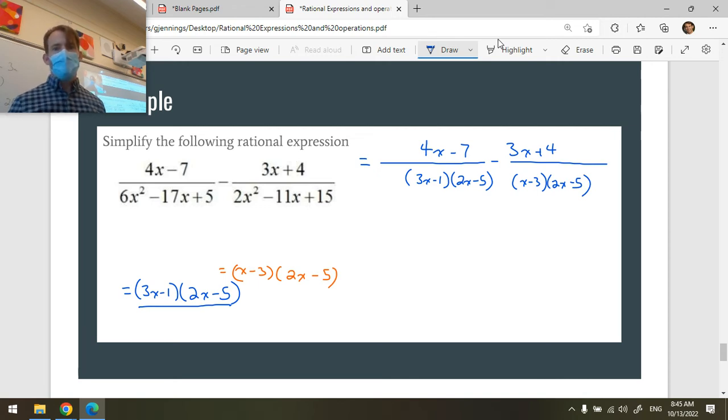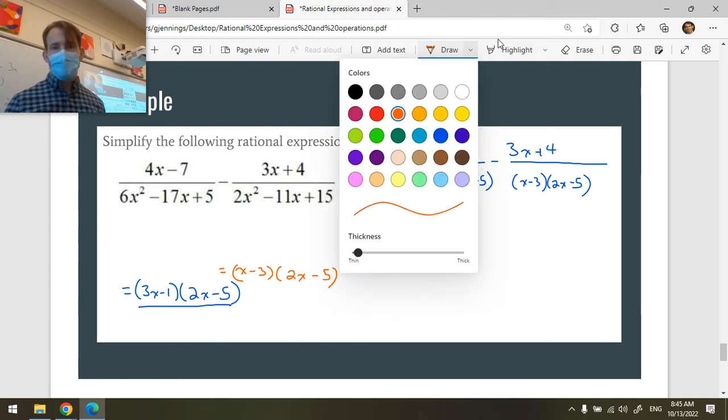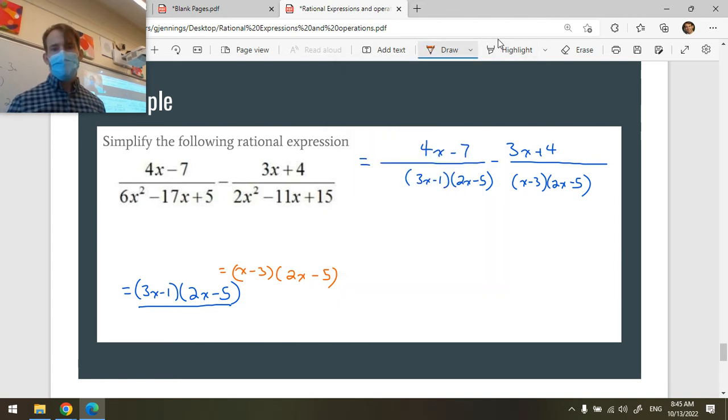Okay, and then we check for jealousy of the toddler fraction factors. And we notice that our first fraction lacks an x minus 3 factor, and that won't do. They simply must have the same toys as the other one. So we give it that factor top and bottom. And then we notice that the second one, they already share the 2x minus 5 factor.